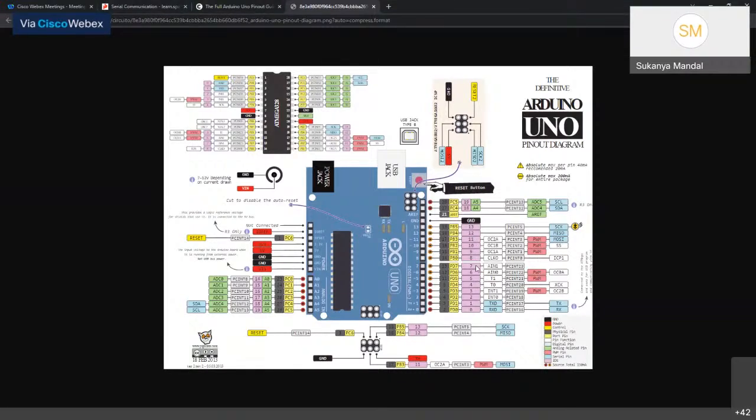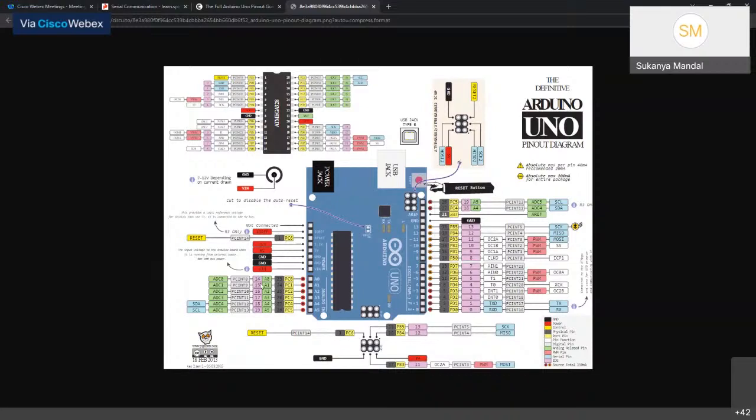These are the IDE pins, and serial pins are these, because this is for UARTs. These are for I2Cs and SPIs. And of course, these get connected, these are referenced in the IDE.